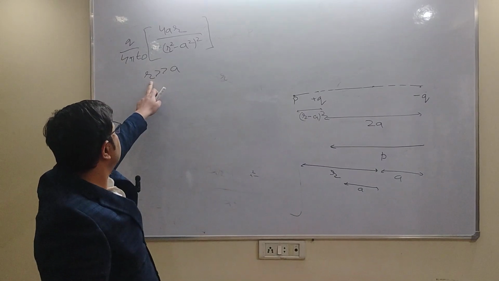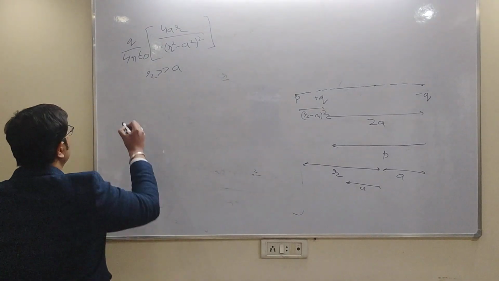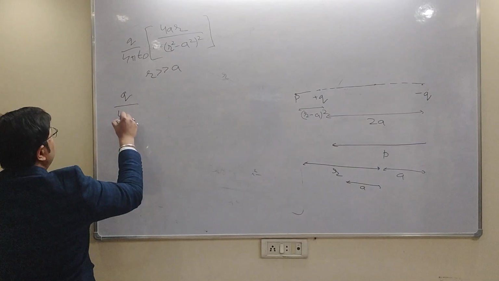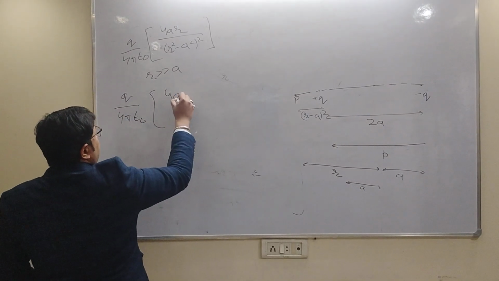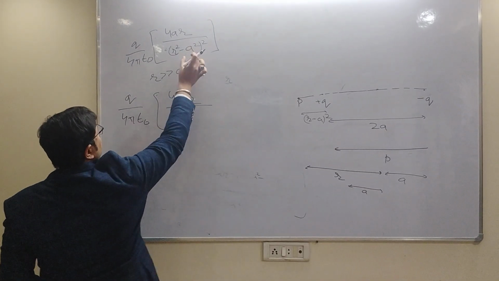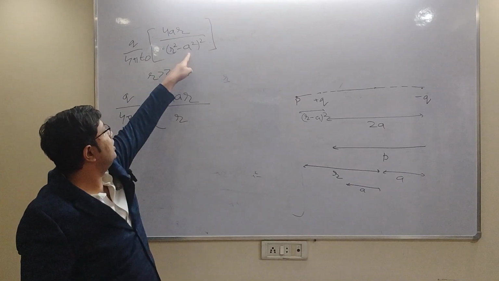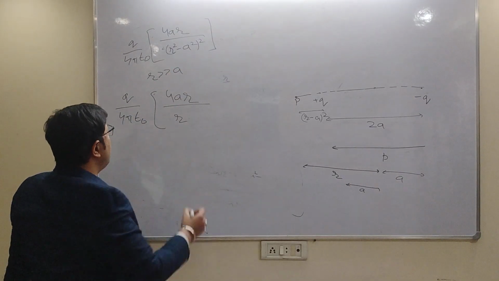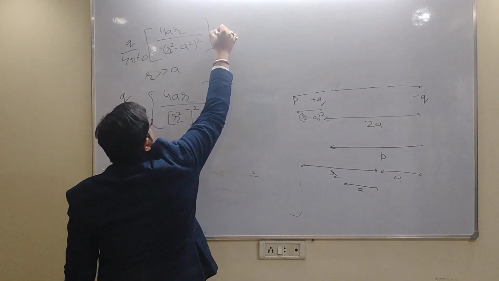So we will be doing that when we take r much greater than a. So it will turn out to be q over 4 pi epsilon naught times 4ar over r, because this a square will be even smaller than r square. So this a square will get neglected. R square power 2, p vector.